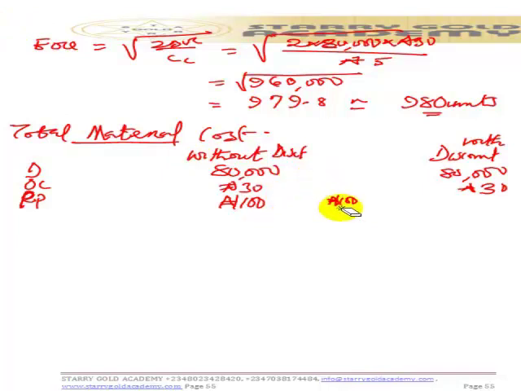Let me use a different color to do that. So the purchase price will now be 100 times 90%, meaning 10% has been taken off.